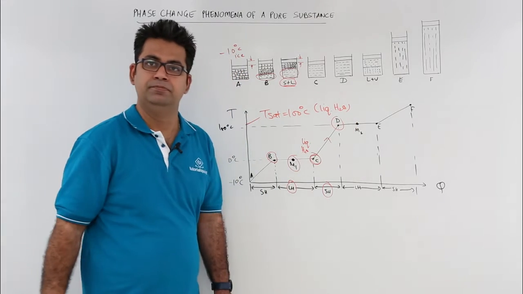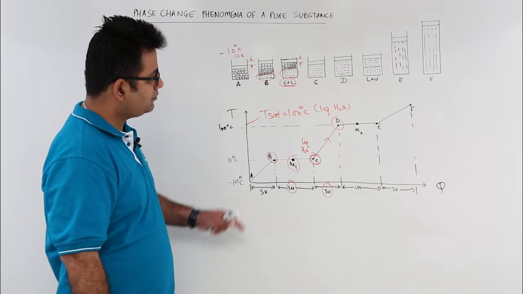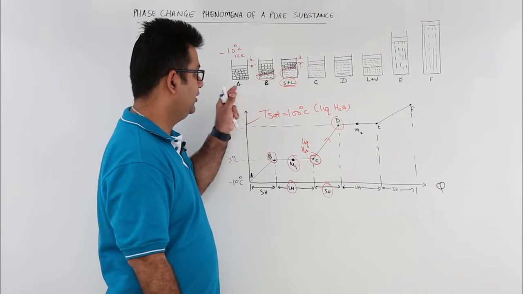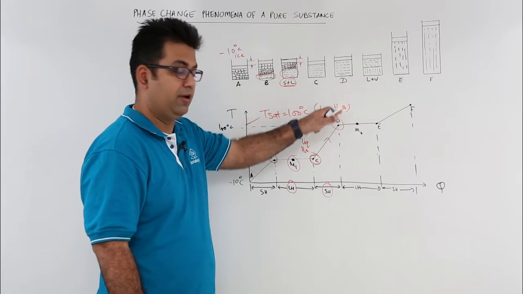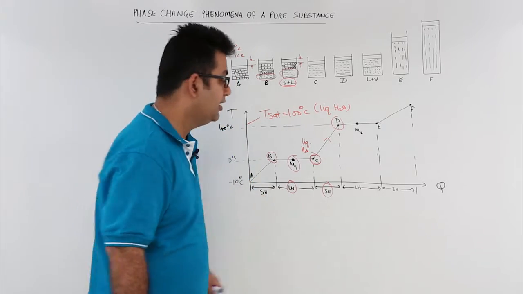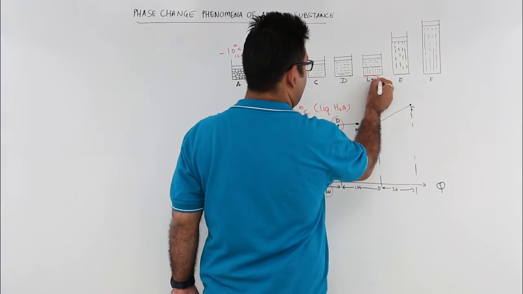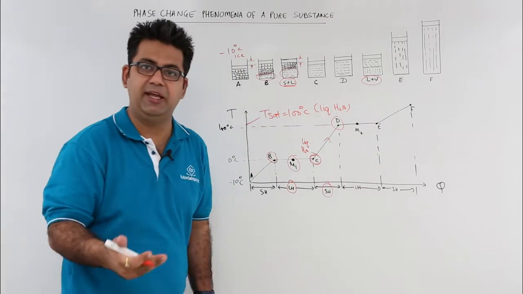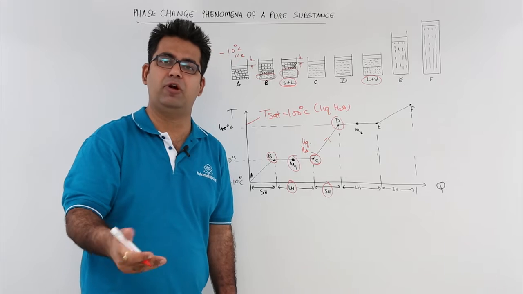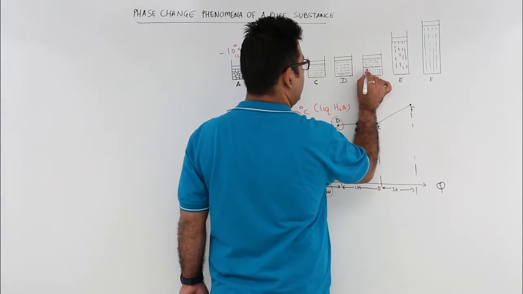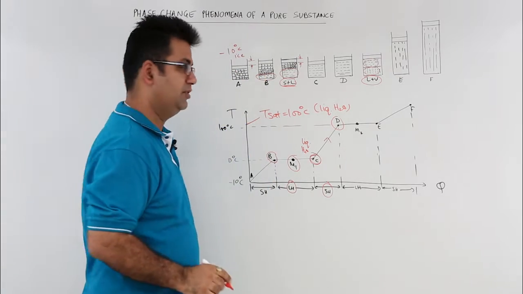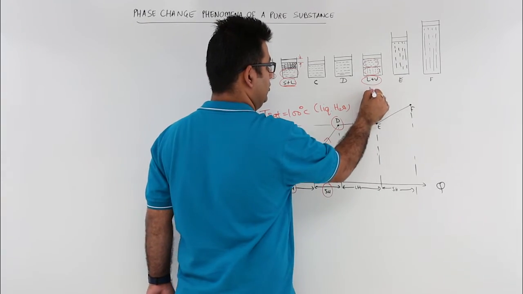Okay, now you keep on adding heat to the water beyond point D, so that would give you a liquid plus vapor mixture. Beyond point D, you will have some creation of water vapors, and this is the water vapor content and this is the liquid content. So that is mixture M2.